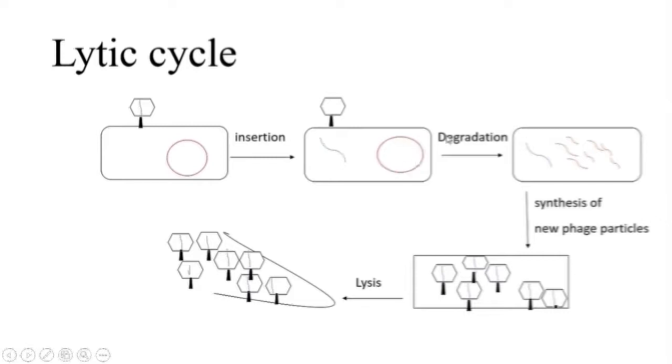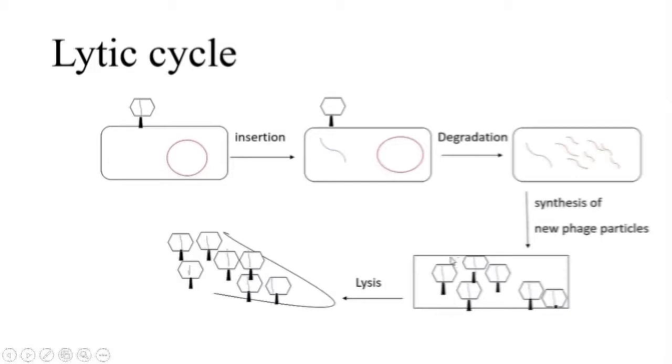Now this degradation of the bacterial genome allows the bacteriophage to take control over the cellular machinery of the bacterial cell. When the bacteriophage takes control, it starts producing new phage particles in the bacterial cell.